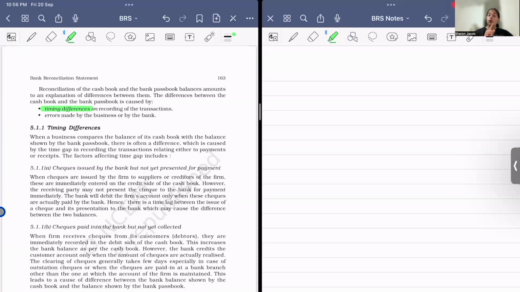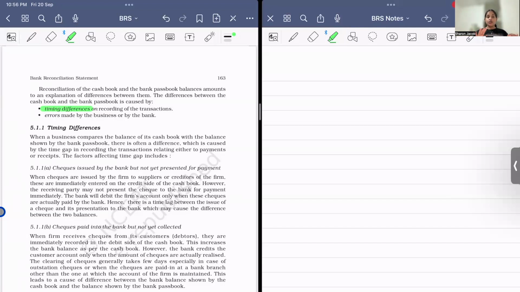Not necessarily. Only when the person to whom you have given the check presents the check at the bank will the money get reduced from your bank account. But that has already been reduced from the cash book, right?